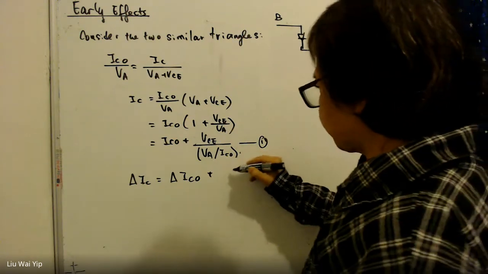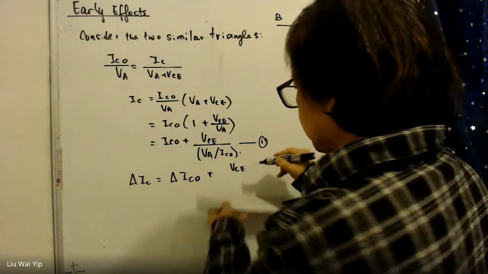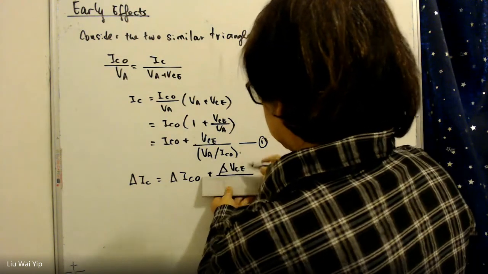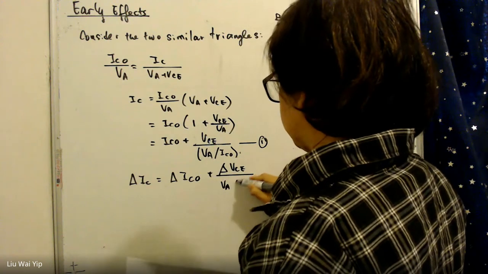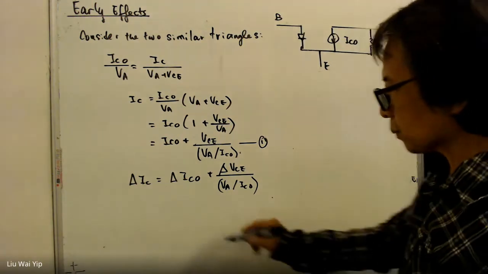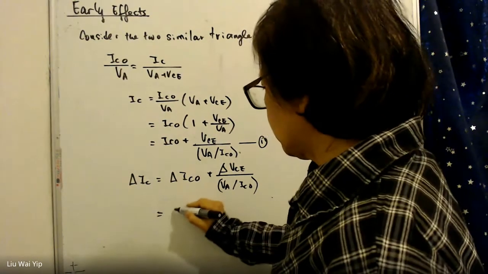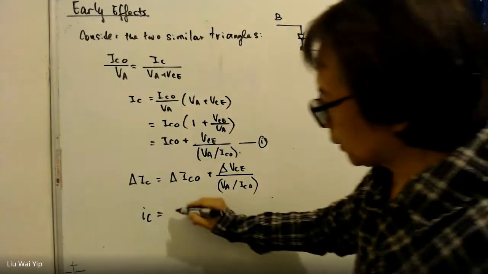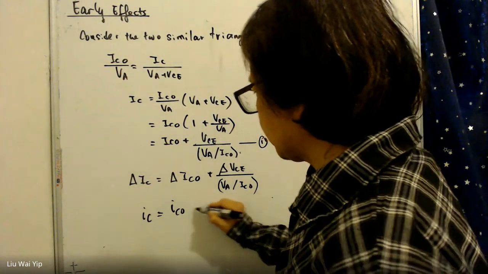So we see ic equals ic. I told you before we can use the small letter to represent it.